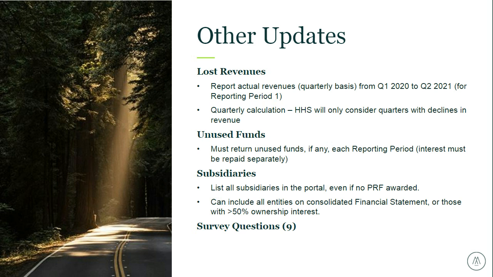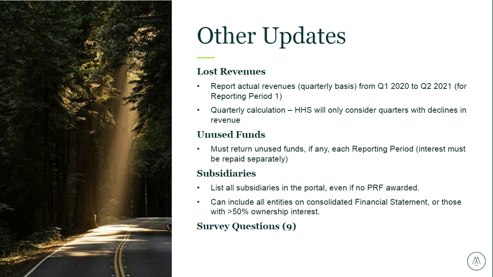Also something to clarify, if you have subsidiaries, this can get a little complicated. We get lots of questions from folks who have subsidiaries that they're reporting on. You do need to list all subsidiaries in the portal, even if it's a subsidiary that didn't receive PRF funds.